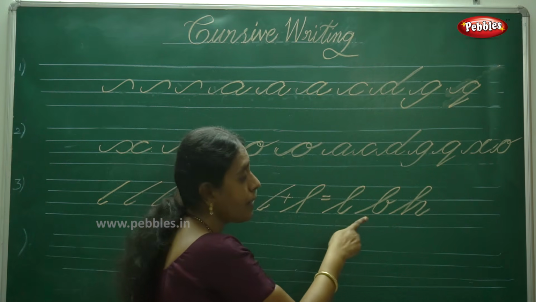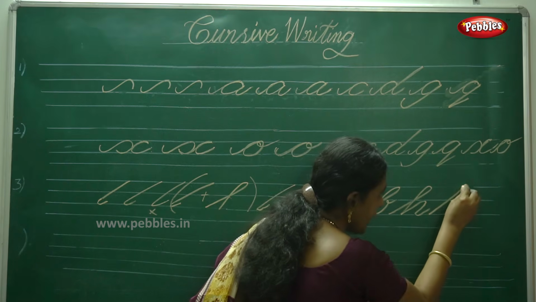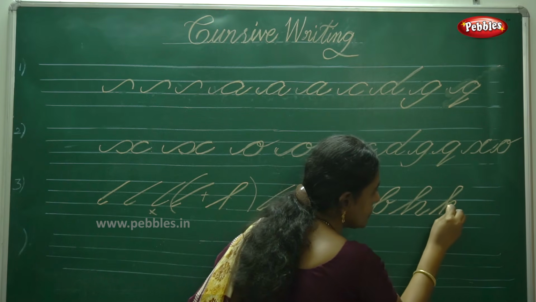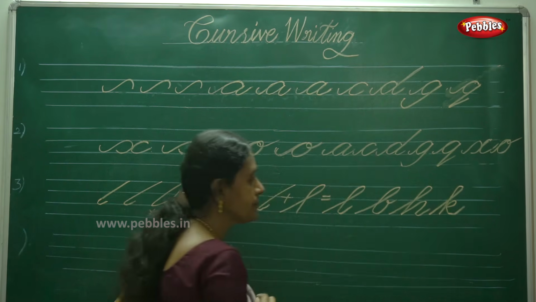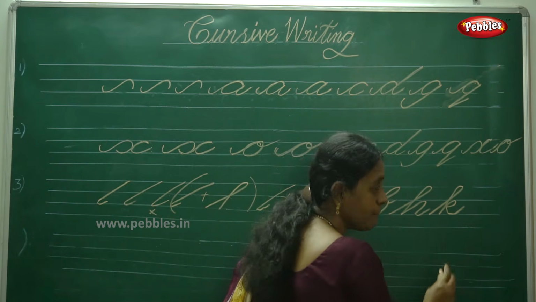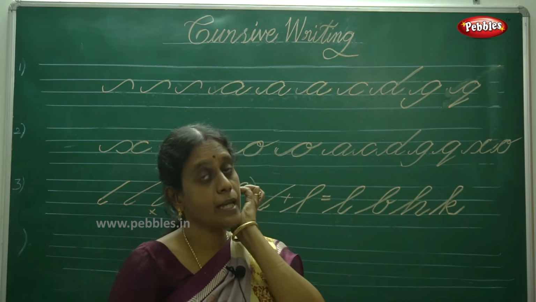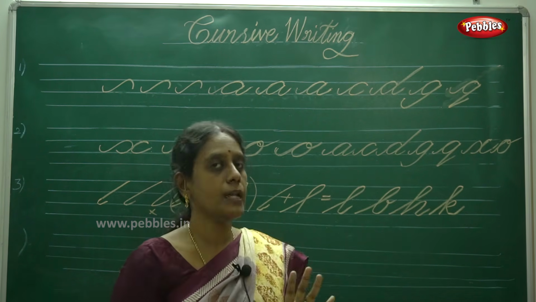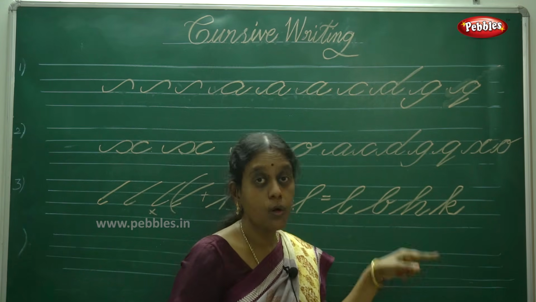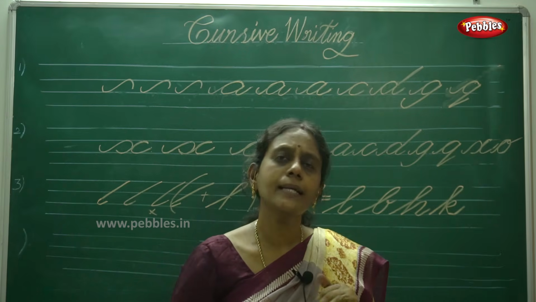L, B, H, and one more thing is K. Okay, then the last one is F. Observe F. Among these A to Z alphabets, F is a special letter because it touches all the four lines: ascender, top line, bottom line, and descender line.